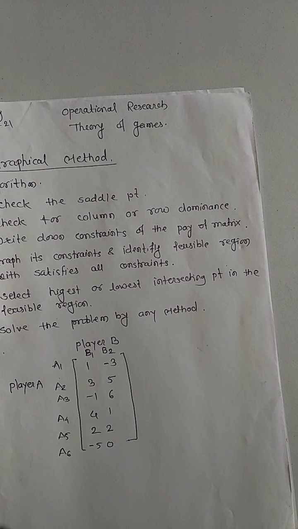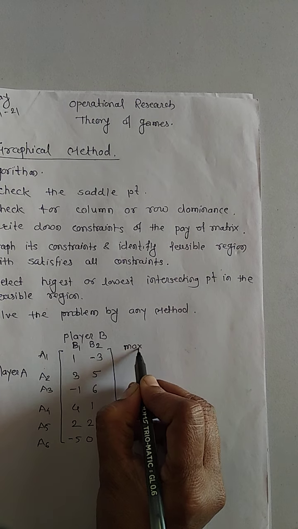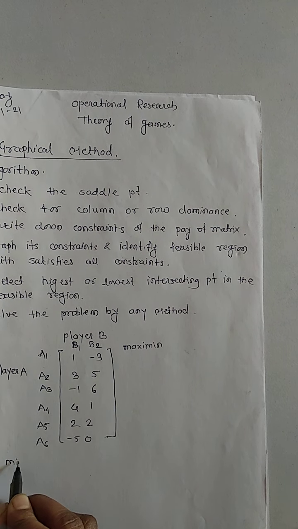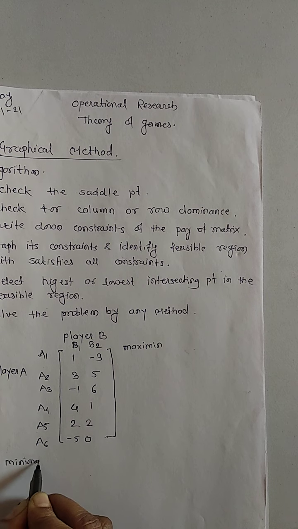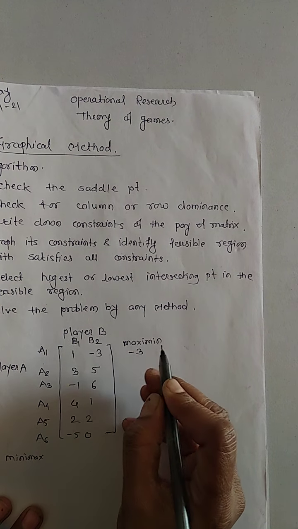First step, we find maximin and minimax. Here the minimum element in the first row is -3.